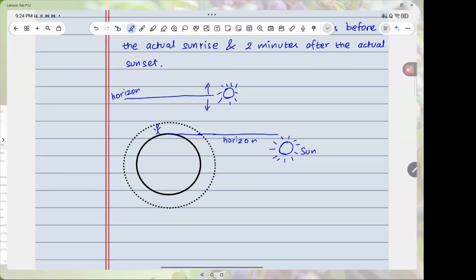The light from the sun that we receive gets bent like this. So that's why we are able to see the sun even when it is below the horizon. What we are seeing is the apparent position of the sun, which is here. This is your original position, and this is what we see, the apparent position. Why? Because the rays of the sun get bent due to atmospheric refraction. Understood? Is this clear to everyone?